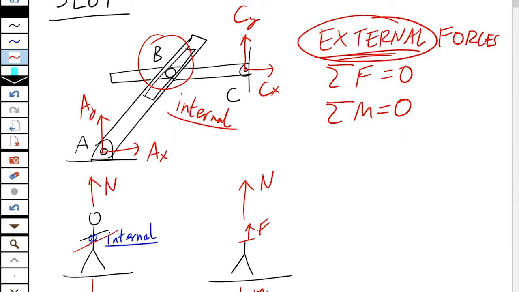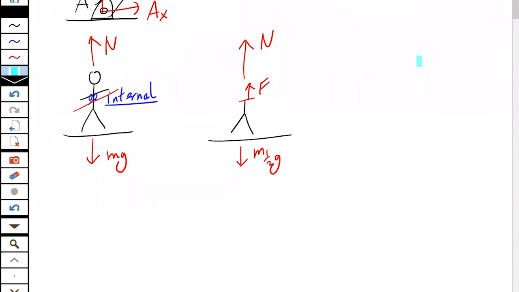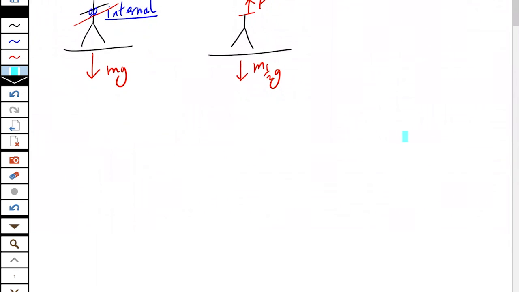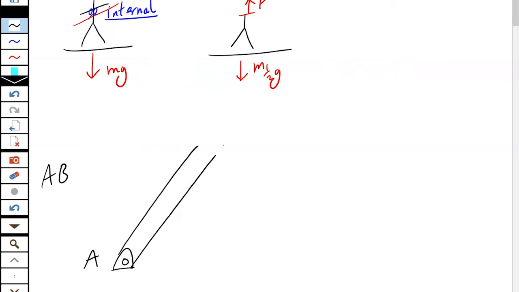So let's look now at the forces at B, so we need to cut that apart as well. You'll do this loads more again later, basically in the frame section of the course. So if we just look at AB, now we have the pin at A and the slot which had the bolt at B. Now A is still a pin, can't move horizontally, can't move vertically.